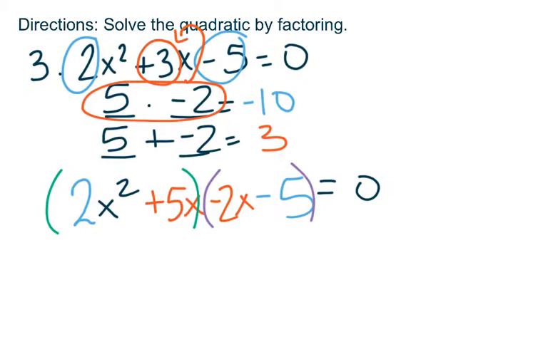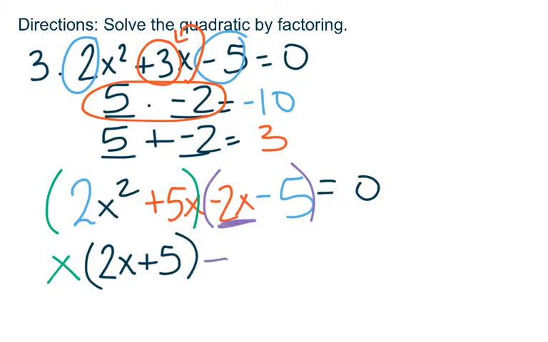So if I look at the first one, the parentheses in green, the only GCF I can take out is x. And when I take out an x, I'm left with 2x plus 5. Alright, and then if I look at the purple set of parentheses, see how the -2x is negative, so my GCF is definitely going to be negative. And the only thing that they're both divisible by is -1.